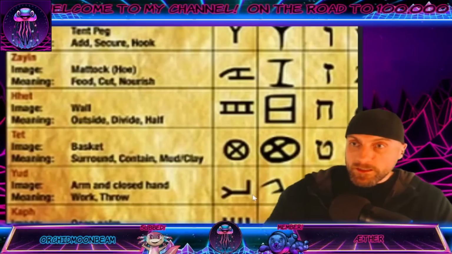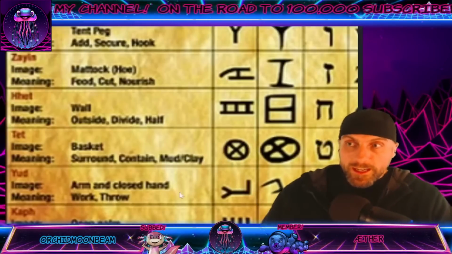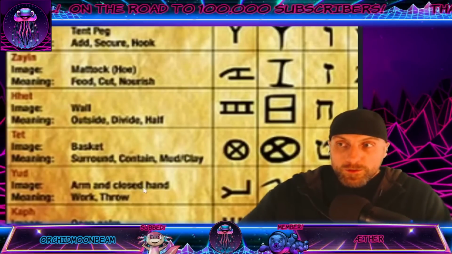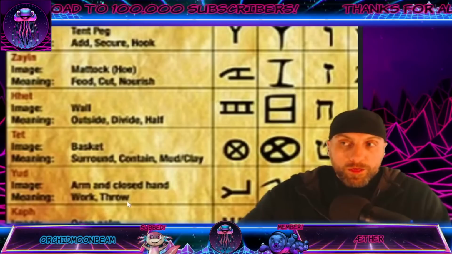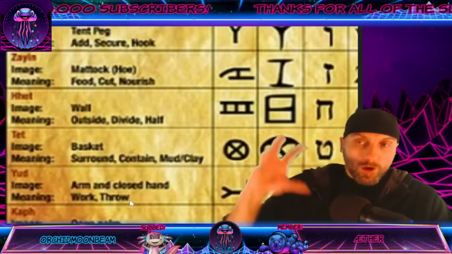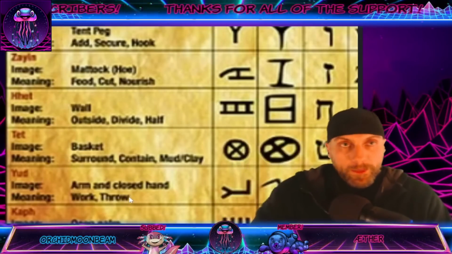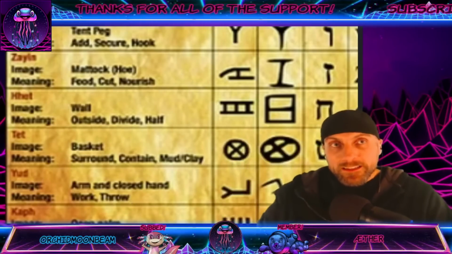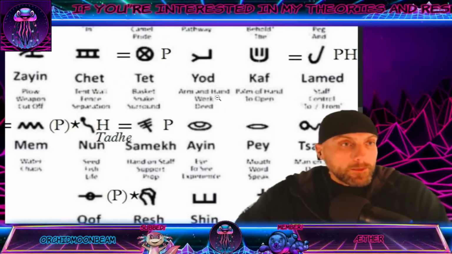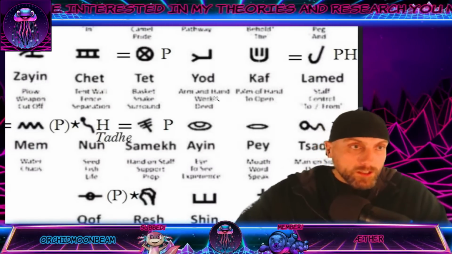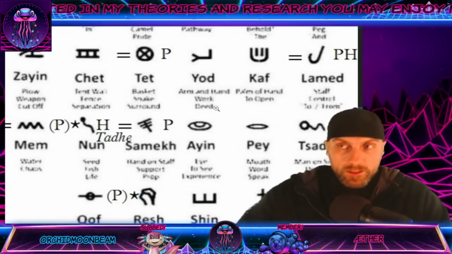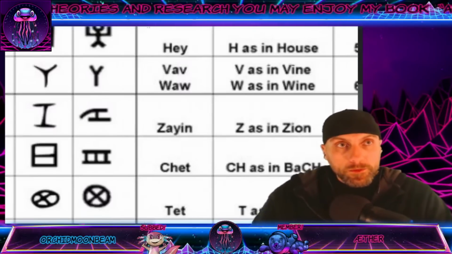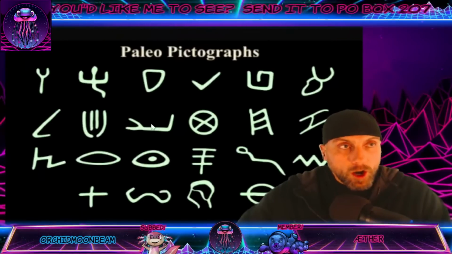Look down here next to my arm, you can see it says arm and a closed hand, work, throw, to move. Basically, I'm interpreting this as action, arm and hand, works or deeds. So this is the works or the deeds that people do. And over here we've got the arm version of it.